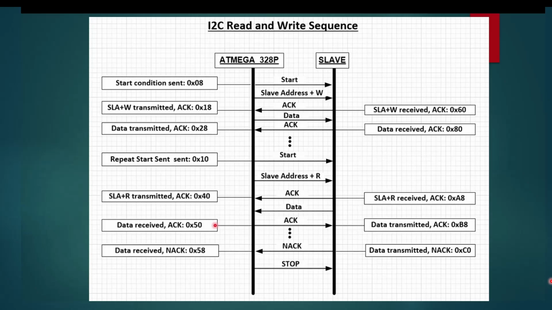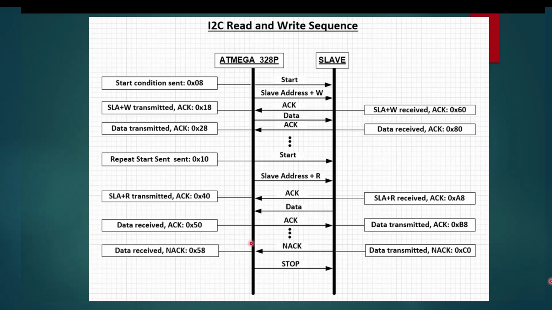When it gets hex 50, it knows that it got new data from the slave and that it had already acknowledged it, so it can go and get the data. After getting that data, it's going to monitor the status register, and every time it gets a status code 50, it's going to go and grab the data.